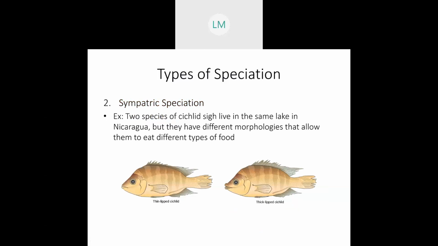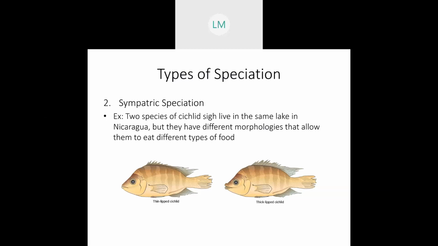One good example of this is some cichlid fishes. This should say fish. Two species of cichlid fish live in the same lake in Nicaragua. So there's no geographic isolation here. They're all in the same lake, but now they have different morphologies that allow them to eat different types of food.